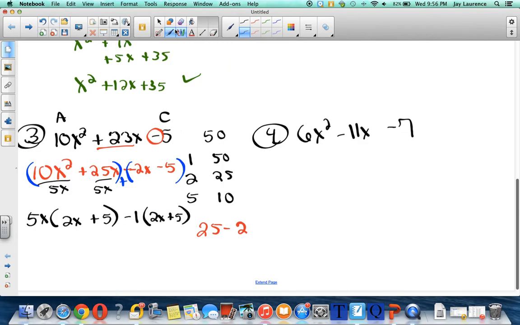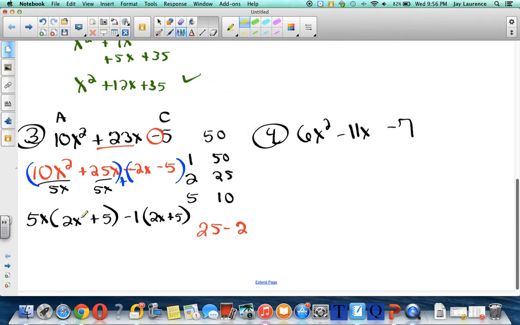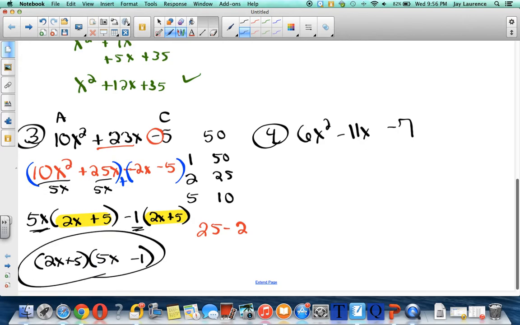Ooh, look at that. I see a common factor. So I'm going to factor out the quantity of 2x plus 5. What will be left? A 5x, and a negative 1. And there you go. Pretty easy stuff. Let's do one more example, and then I'm going to walk you through some notes, okay?